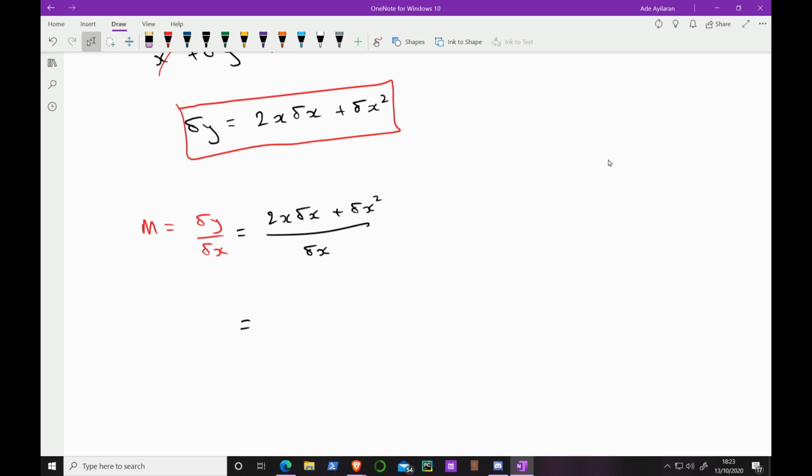So that's going to be delta x, then 2x plus delta x, over delta x. And I'm going to do that.